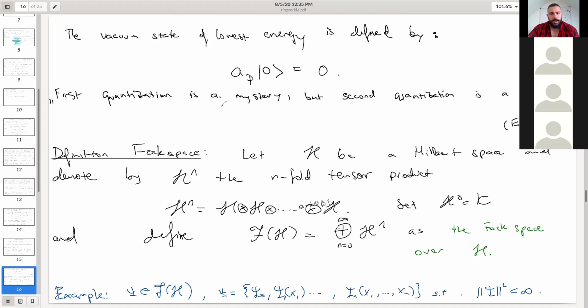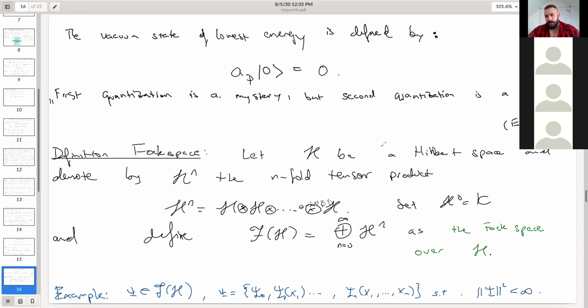Now, there's this famous saying by Nelson, which says the first quantization is a mystery, but the second quantization is a functor. So for those of you familiar with functor theory, this might be surprising and funny, because the first quantization means replacing the classical mechanical phase space variables by operators. That is a mystery. No one knows why; there's no real explanation for that, except that it is a solution to a problem.